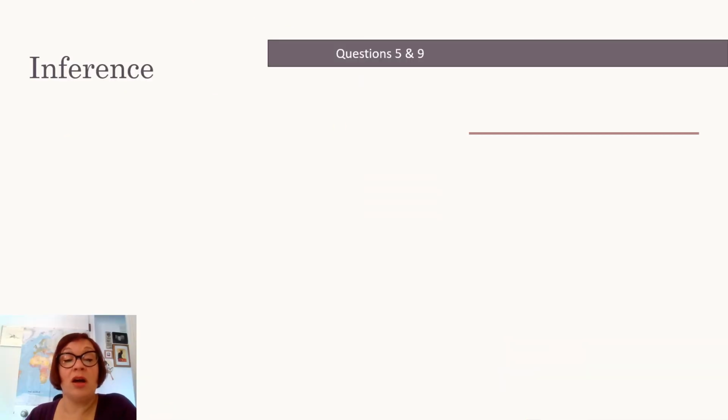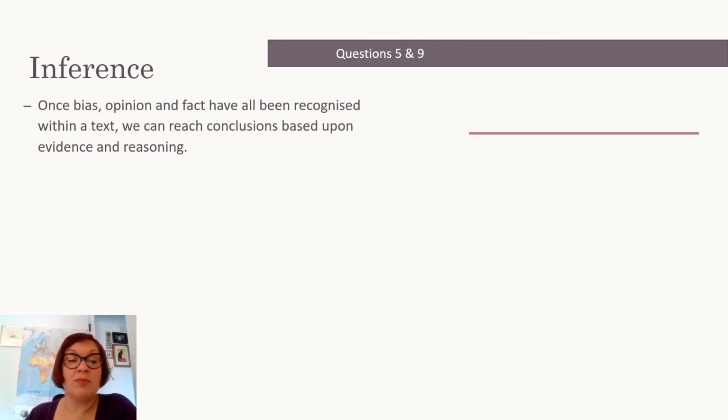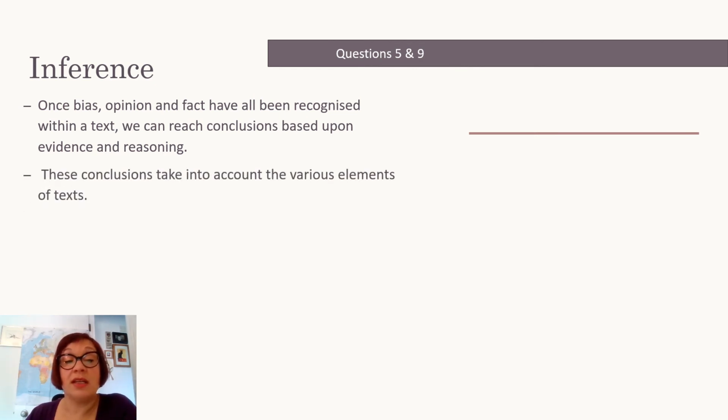Questions 5 and 9 are about inference. Once bias, opinion, and fact have all been recognized within a text, we can reach conclusions based upon evidence and reasoning. These conclusions take into account the various elements of texts, and that is what we mean by inference, what we can infer, yeah?